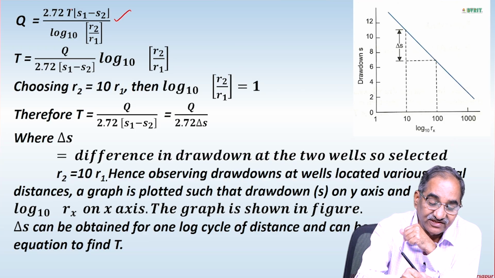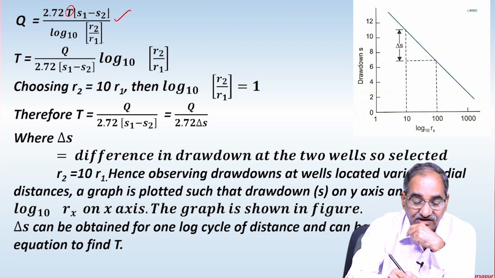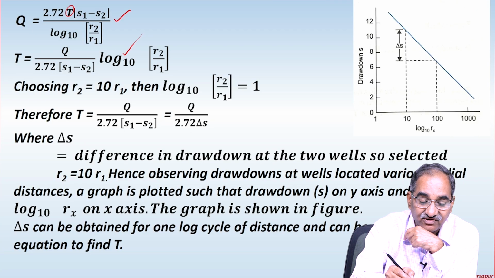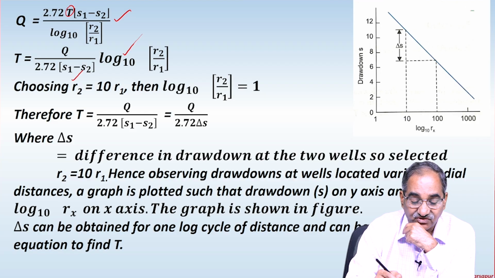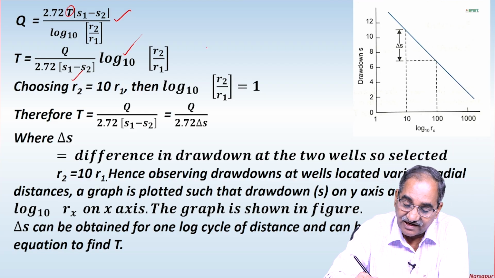So what is T equal to? Taking all this to the left-hand side, T is equal to Q divided by 2.72 into S1 minus S2 over log R2 by R1. Now, for example, assume R2 is equal to 10 R1.